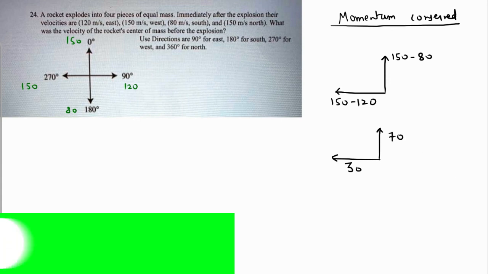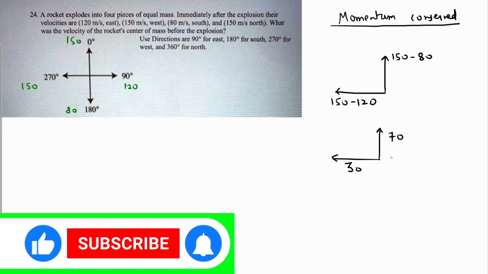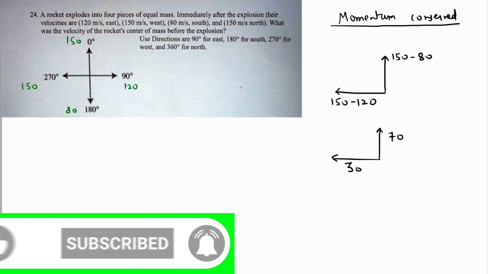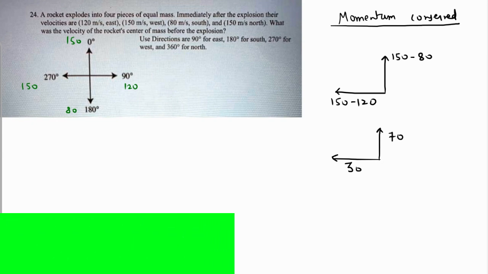This is the net velocity after the explosion, in the vertically up and horizontal directions. So, what is the initial momentum?